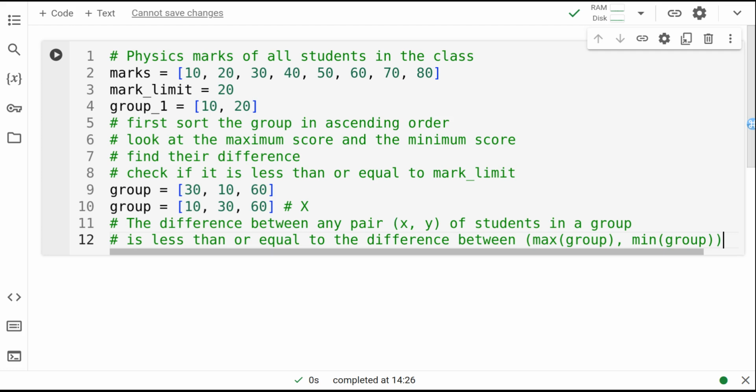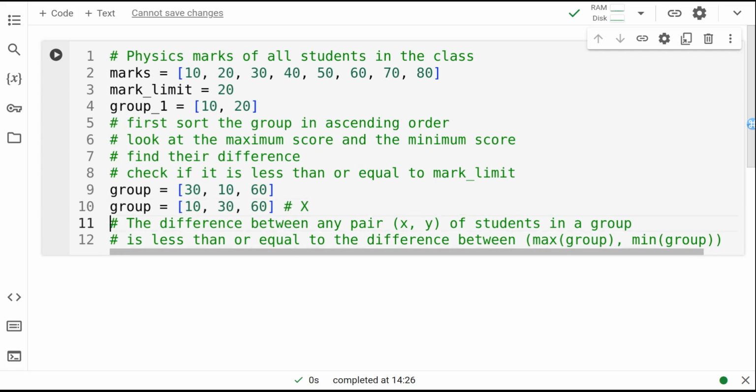Take any two students in the group. If you find their difference, that is bound to be less than or equal to the difference between the marks of the student at the rightmost end of the sorted list and the marks of the student at the leftmost end of the sorted list, which is what max of group and min of group are here. I'm assuming that group here refers to the sorted list, but anyway, max of group and min of group will work even without that. But we will see why it is important to sort as we go along.